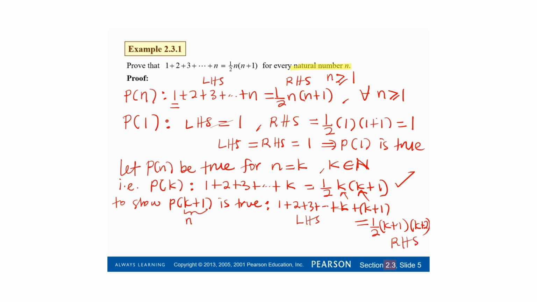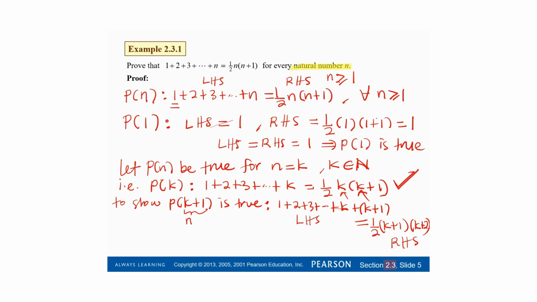Here, we want to prove that the left hand side equals the right hand side. So we can use our antecedent here, where we assume that P(k) is true.